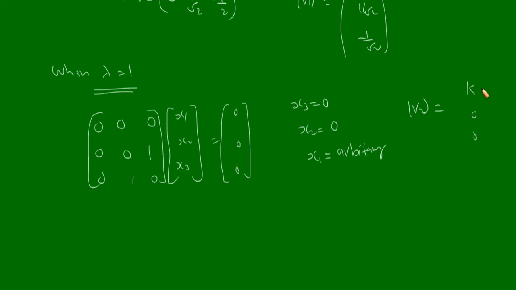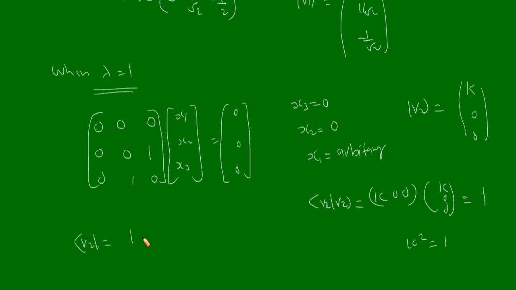Now we have to normalize this thing. So R2 bra into ket, k 0 0 into k 0 0, will be equal to 1. So k square is equal to 1, so k is equal to root 1, that is equal to 1. So the second eigenvector R2 can be written as 1 0 0. So this is the second eigenvector.